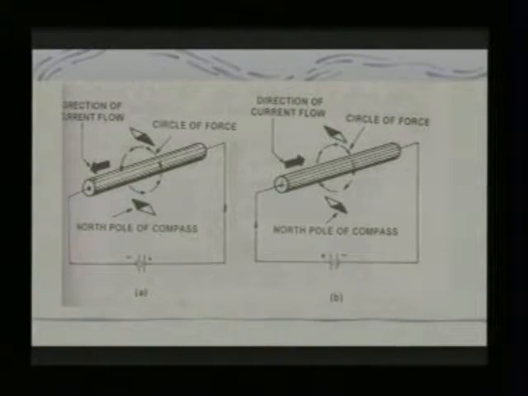Let us consider a conductor carrying current and place a magnetic compass near the conductor. We observe the deflection of the magnetic compass in a definite line or path and in a definite direction.